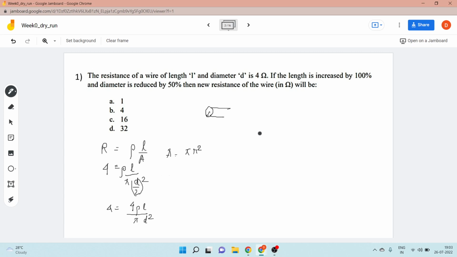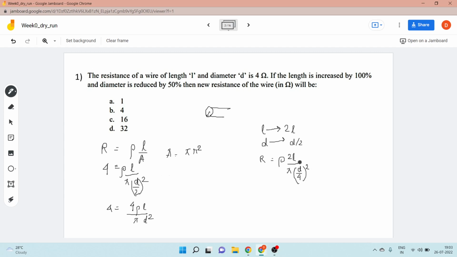Now for the second case, since the length is increased by 100%, it goes from L to 2L, and the diameter reduces by 50%, so diameter goes from D to D by 2. So the new resistance will be rho times 2L in place of L, divided by area pi times d by 4 whole square.